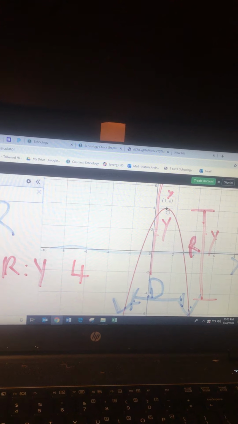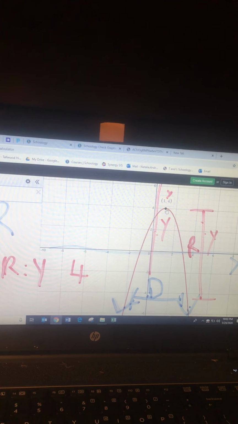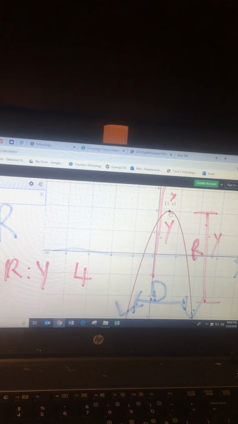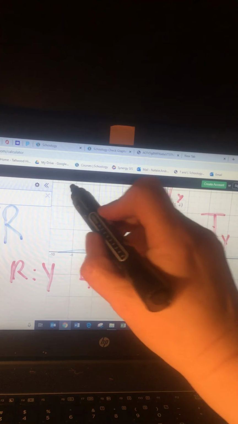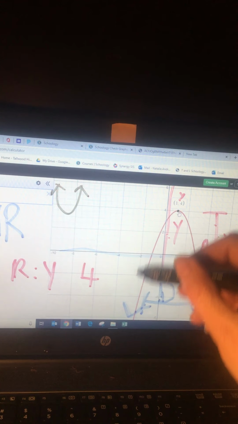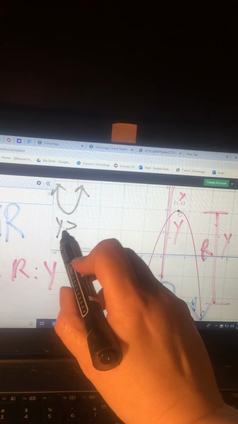Now, in order to know which way our sign's going, if it's going to be greater than or equal to or less than or equal to, there's a little trick. Let me write it for you real quick up here. Anytime the parabola, which is this curve, goes up, y is greater than or equal to.